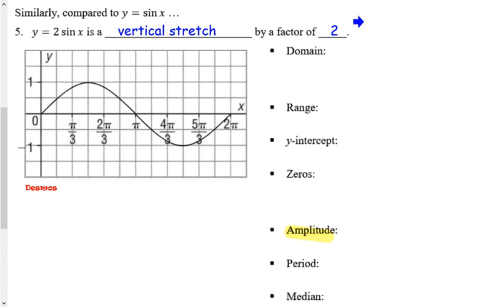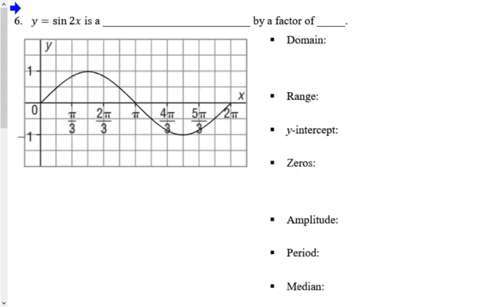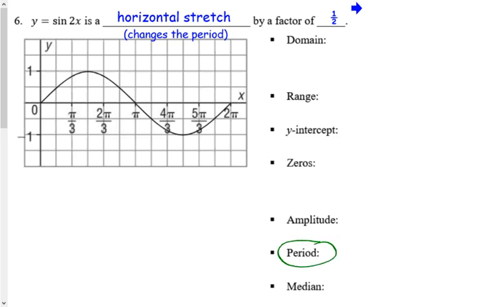That our A value will give us the amplitude. And I'll give you a little bit of time to fill in the rest of this in a couple minutes. But now I'm going to skip on to the next one, which is the next page. If I have the sine of 2x, then we'd say it's a horizontal stretch. And the key thing we're looking at here is it changes the period.